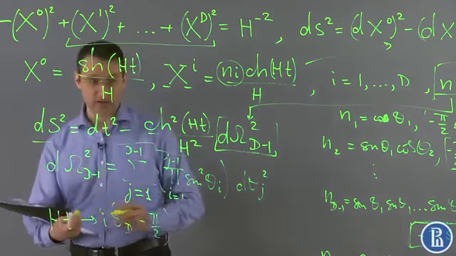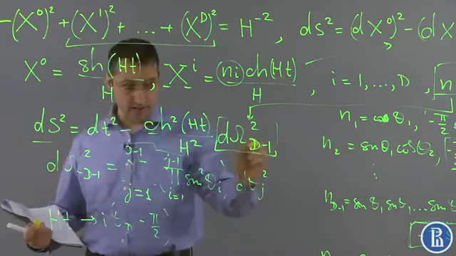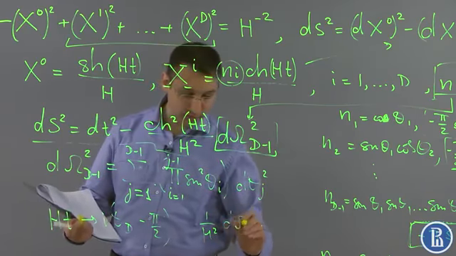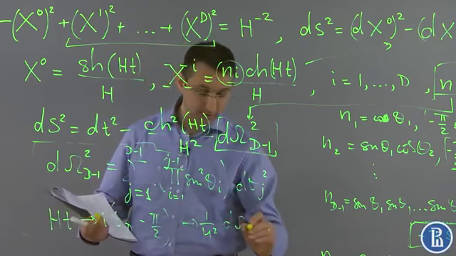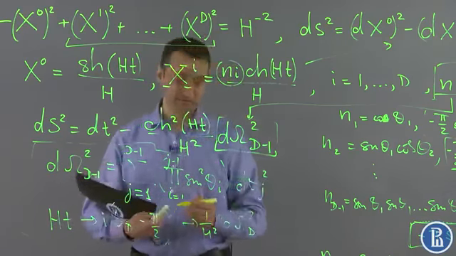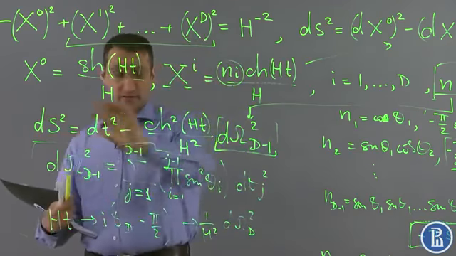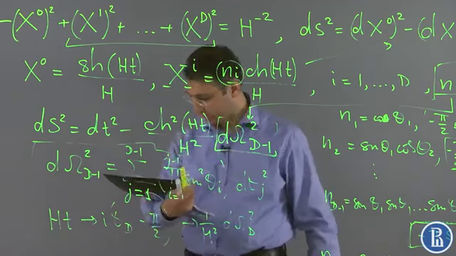If we do such a change in this metric, then we map this metric to 1 over h squared times d omega d squared. Which is exactly the map between de Sitter space and the d-dimensional sphere.